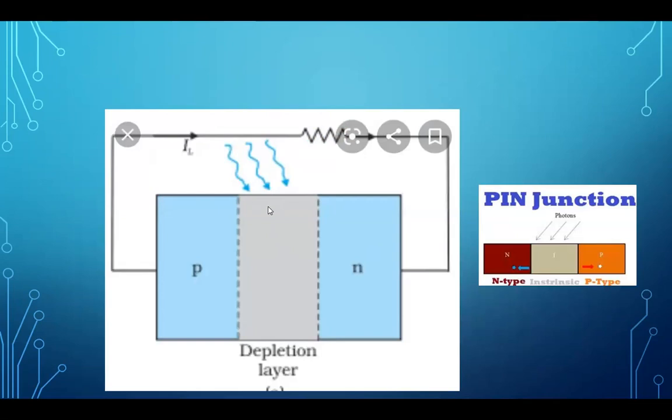This is our semiconductor material that will generate the hole electron pairs, and we just put it between the N and the P type, so we can get benefit of this voltage that we have, or built-in barrier.